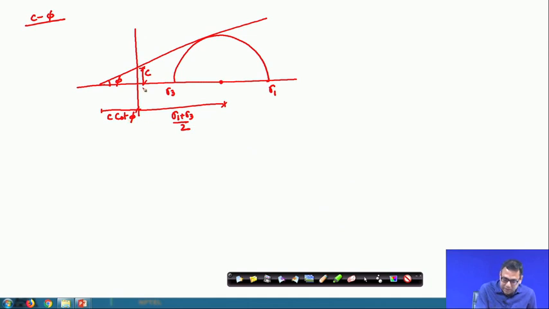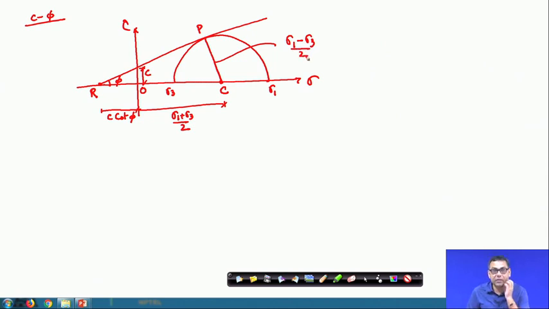If this is the origin O, this is tau and this is sigma, and this is the center C, I can draw a line from P, where this circle touches the failure envelope, and this point is say R. The radius of the circle is sigma 1 minus sigma 3 divided by 2.